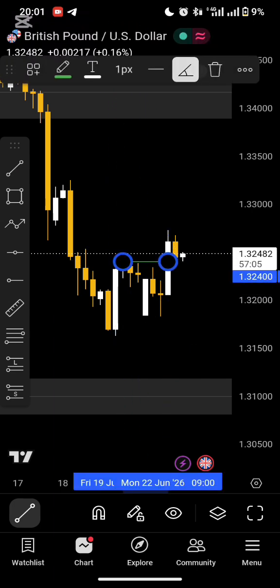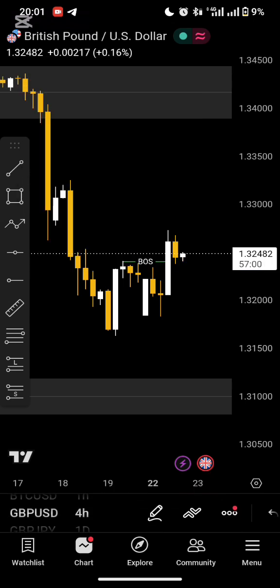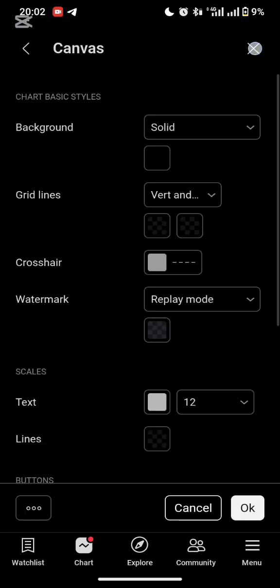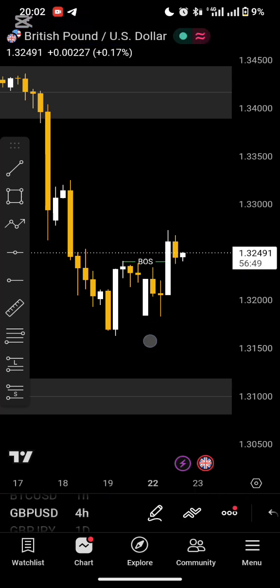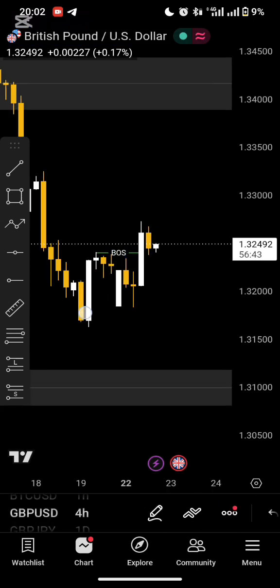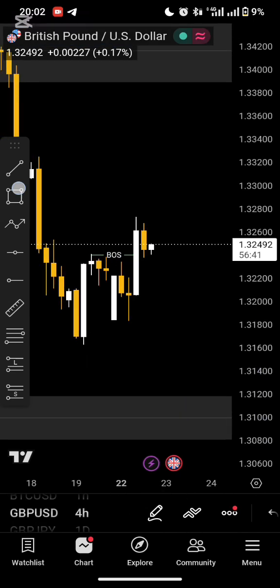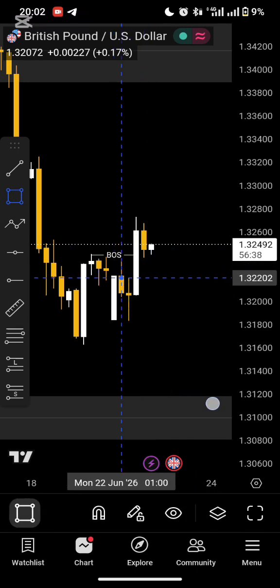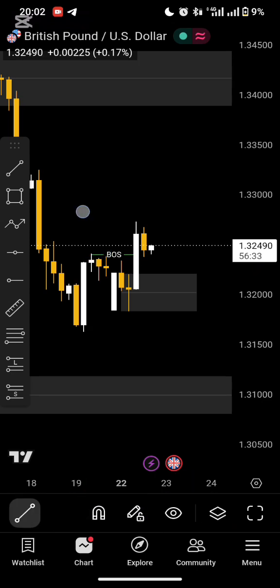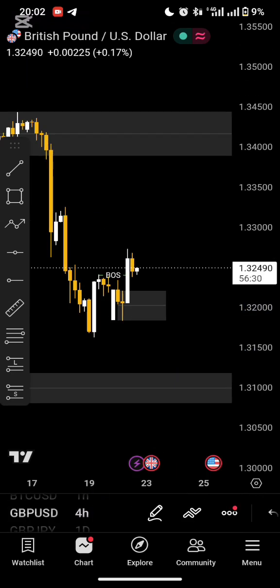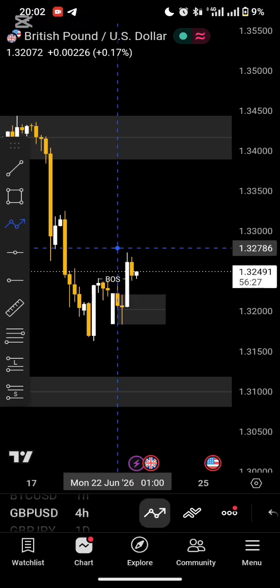This is a breakout structure, but on the 4 hour it's going to be more like a change of character, because we had this swing low, price moved back up here but failed to clear it, and then it went up to clear and form a breakout structure. So what we are now expecting is for price to come into this last bearish candle, which is the order block that caused this breakout structure, and then we trade from here into our daily order block.